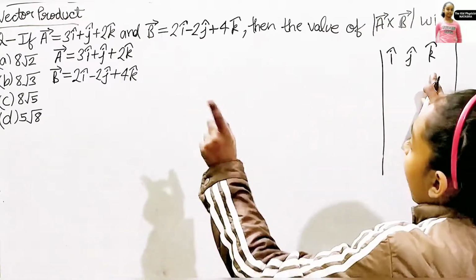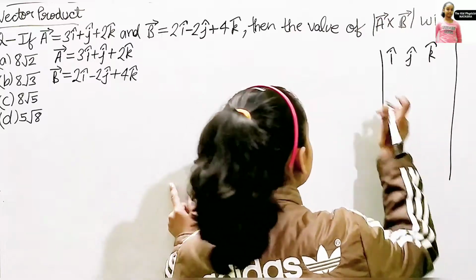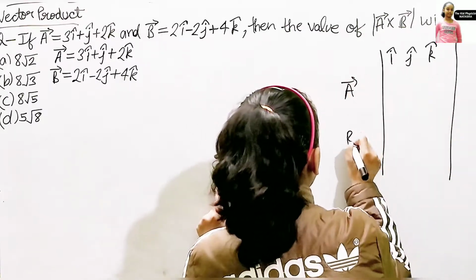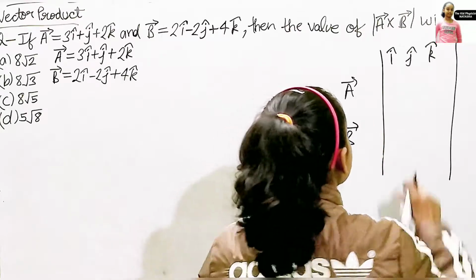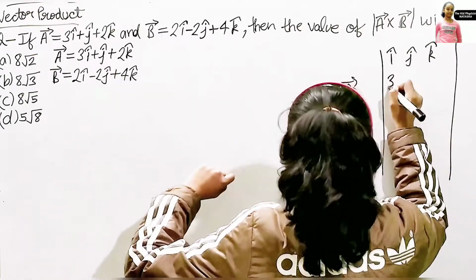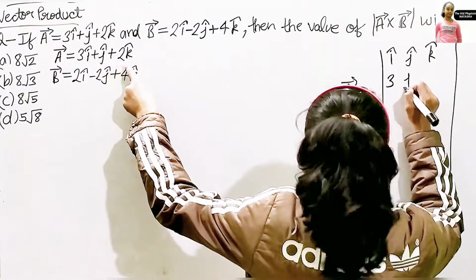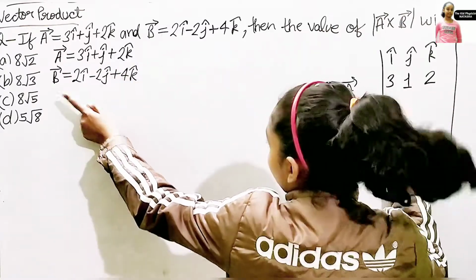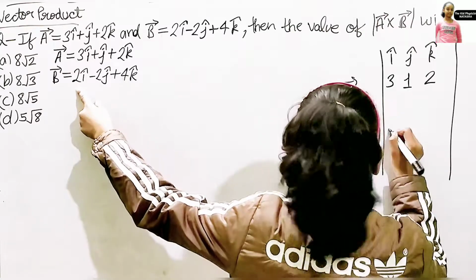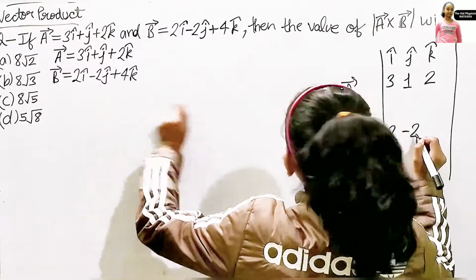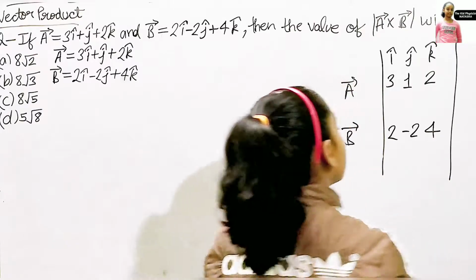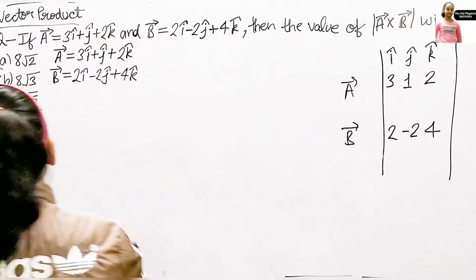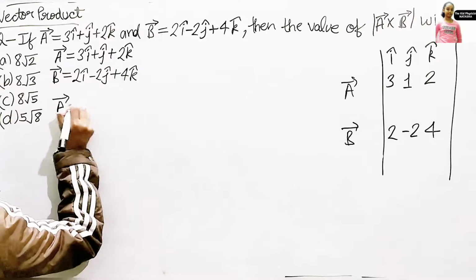So the values of vector A will be written here, and the values of vector B below that. For A: 3 i cap, 1 j cap, 2 k cap. For B: 2i cap minus 2j cap plus 4k cap.